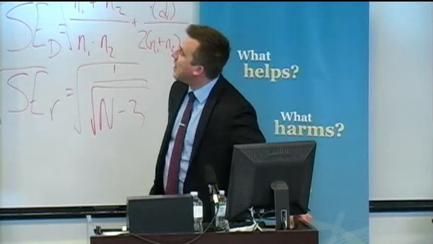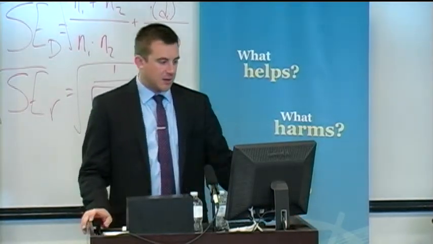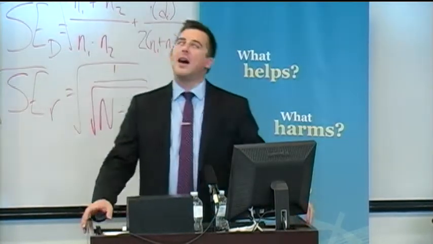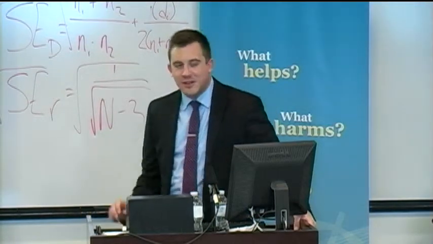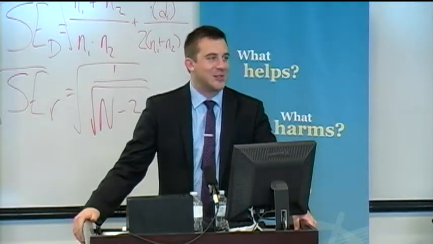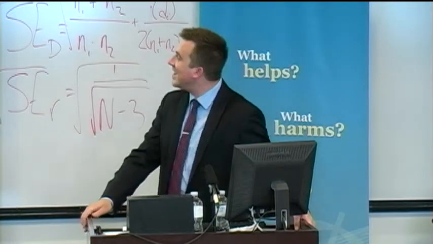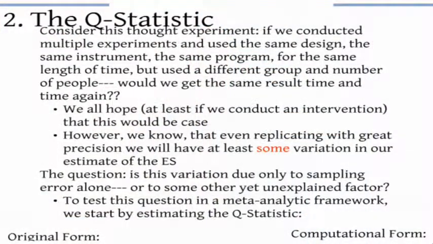So we will calculate the Q statistic. Okay. I have this long thought experiment, which I don't really want to try to explain to you at the moment. But the idea is, do our effect sizes differ more than just sampling variation? Okay, and that's what the Q statistic is getting at. That's what assessing heterogeneity is getting at.